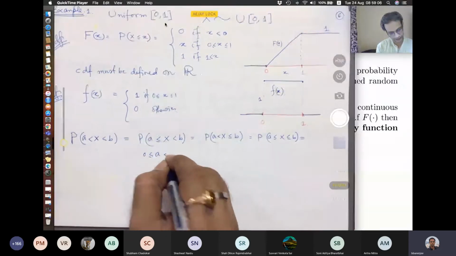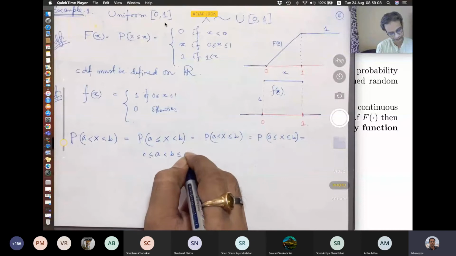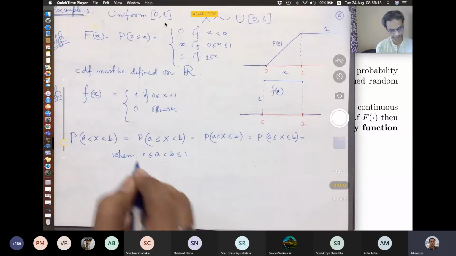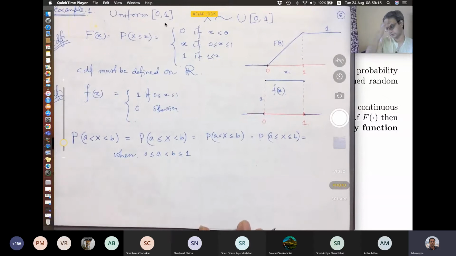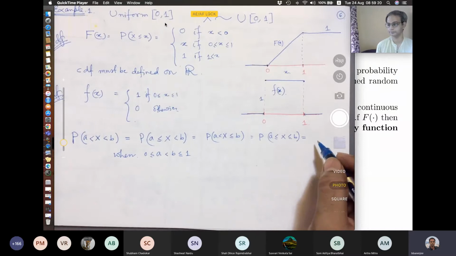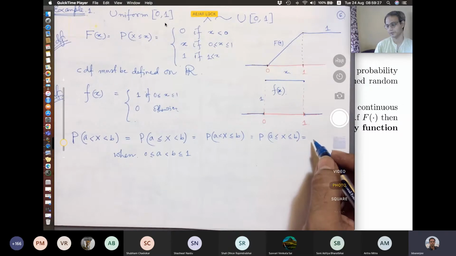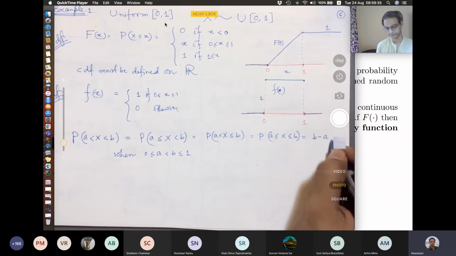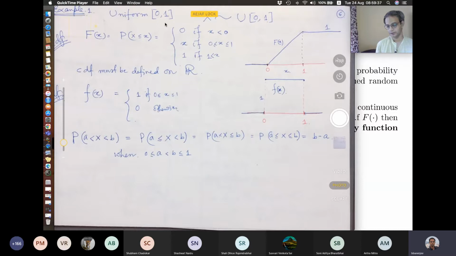And what will be this number? You pick up any interval between 0 and 1 as a subset of 0 and 1. What will be this probability? B minus A. So this is the thing.